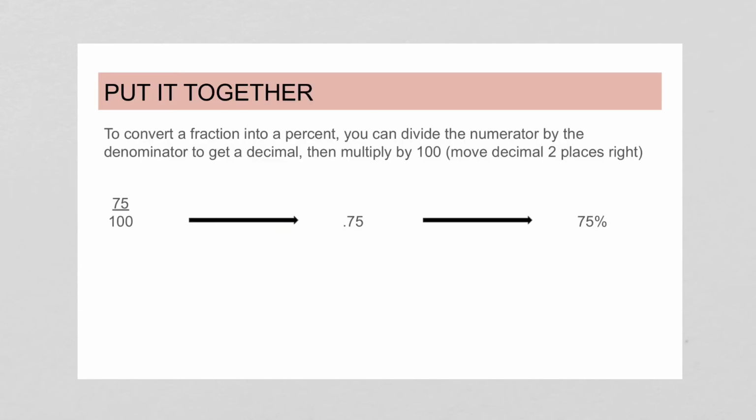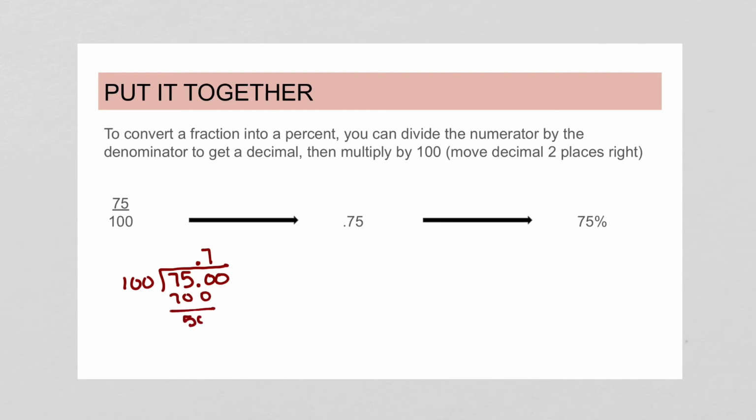So let's put this all together. If we want to convert from a fraction to a percent, you divide the numerator by the denominator to get a decimal, and then multiply by 100, which is just moving that 2 places to the right. So looking at this, I have 75 divided by 100. Well, I know that I can do that using long division. I'll put my decimal there, and I'm going to get a 7.